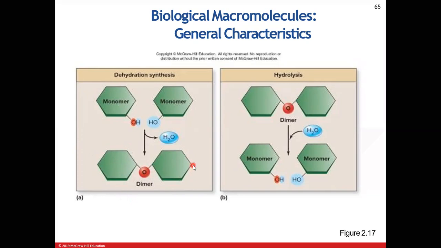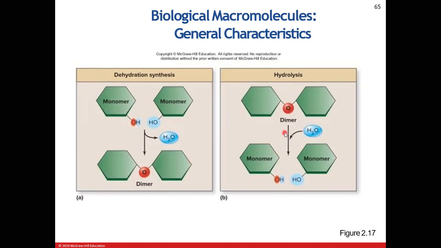As we repeat that here, and here, and so on, that gives us what we consider the polymer. So we're creating these elongated structures by continuously pulling out a water and creating new bonds.